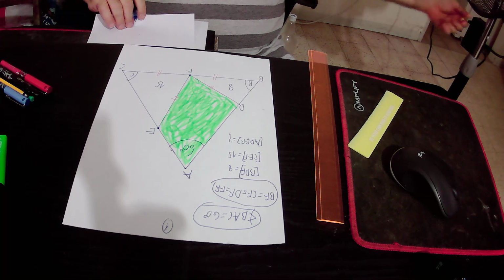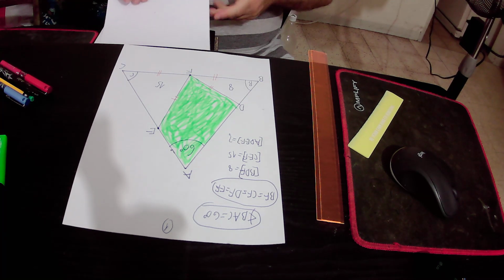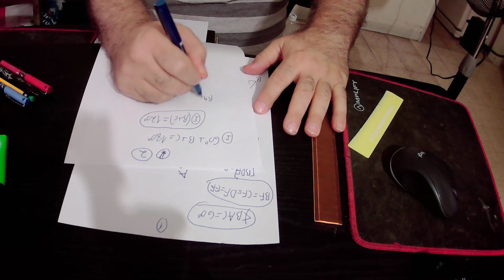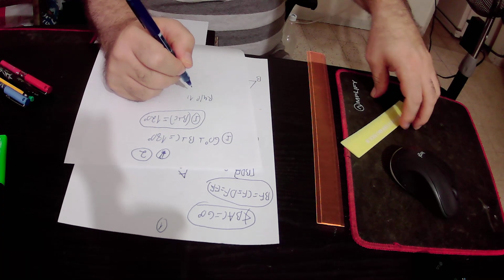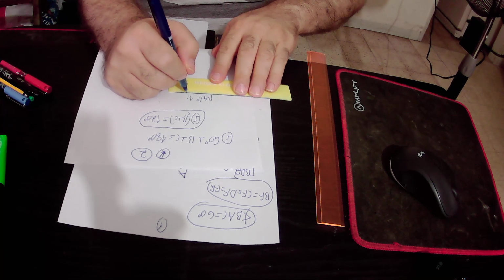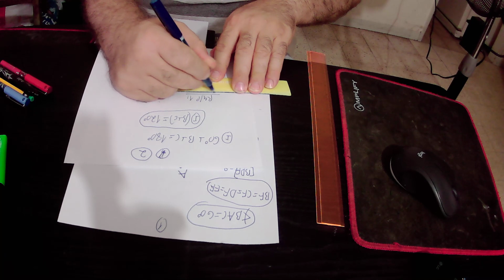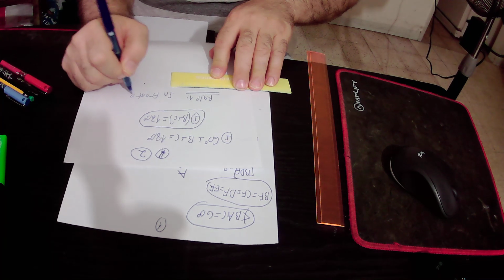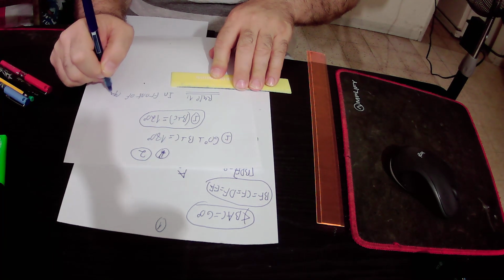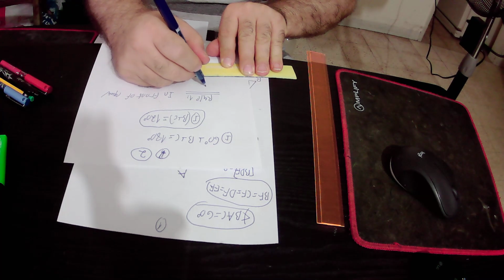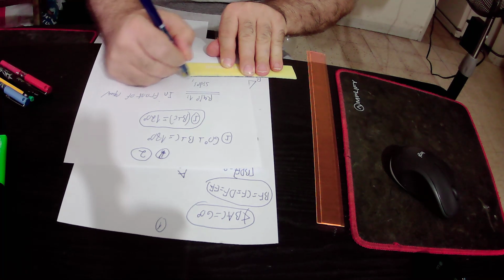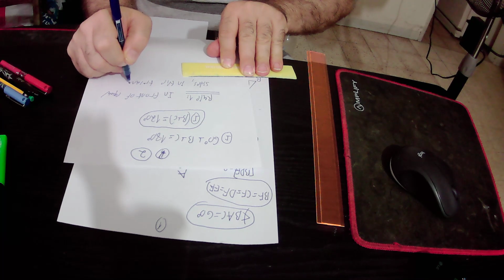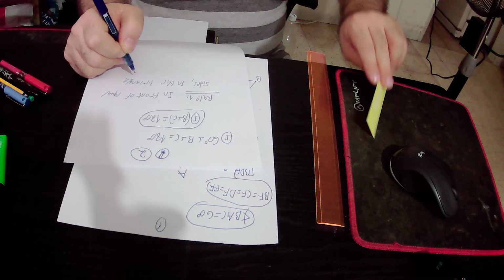And we have rule number 1. Rule number 1 states that in front of equal sides in the triangle there are equal angles.